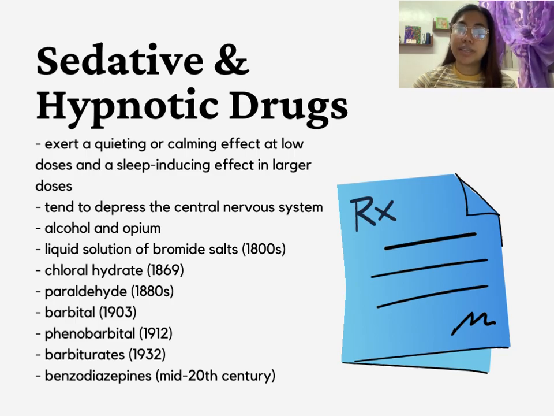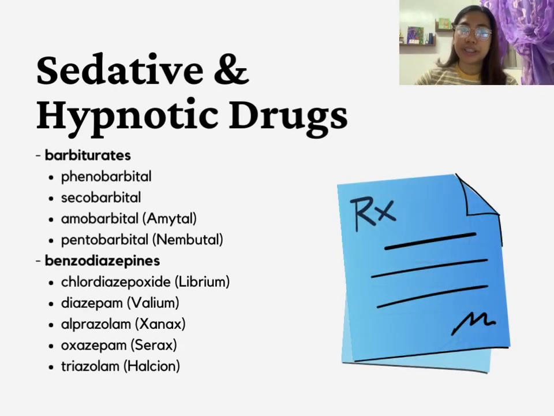In the mid-20th century, new types of sedative hypnotic drugs were synthesized, chief among them the benzodiazepines, or the so-called minor tranquilizers. Barbiturates were extensively used as sleeping pills throughout the first half of the 20th century. They also were used to reduce voluntary inhibition during psychiatric examinations.